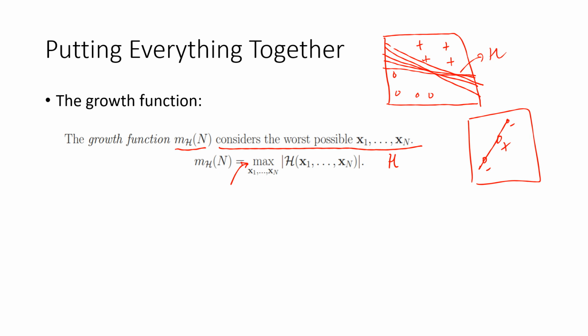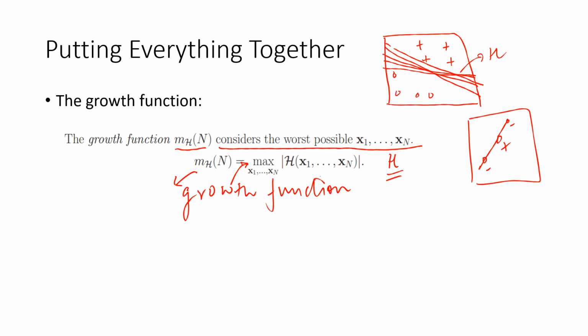And that's what this maximization is talking about, right? Maximize over all data sets of size n, and the maximum number of dichotomies that can be implemented by a hypothesis set H, as viewed through the lens of a data set, is my growth function, right? That's what we established in the previous lecture.